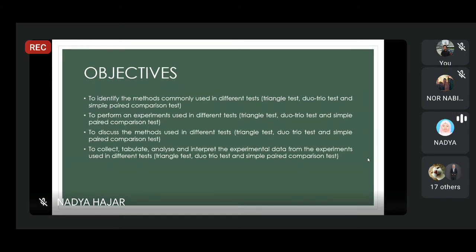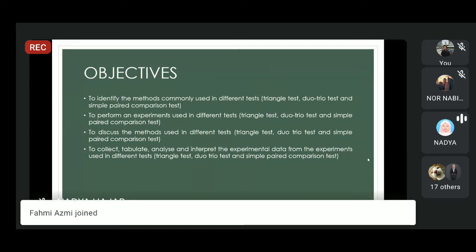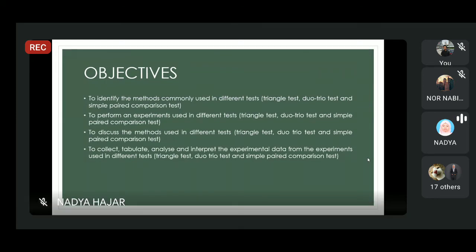Macam kita tengok dekat dalam video tadi, they conducted an experiment using three types of different tests. Next, to discuss the method used in the different tests. And then to collect, to tabulate, to analyze and also to interpret the experimental data from the experiment. Yang nombor 4 ni tak ada ditunjuk dekat dalam video tadi.